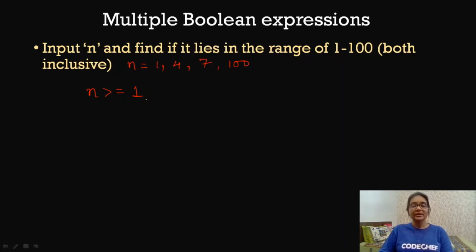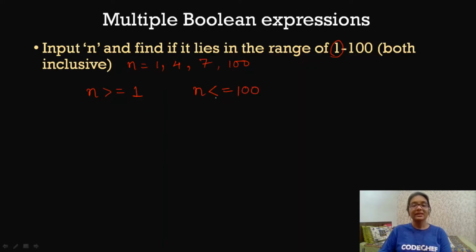So n greater than or equal to 1 ensures that n can either be 1 or more than 1, but it does not ensure that n will be within 100. This condition does not ensure that. So we will have to take another condition which ensures that n should be less than or equal to 100. For that we take the other condition, n less than or equal to 100.